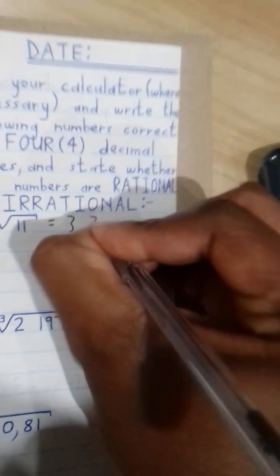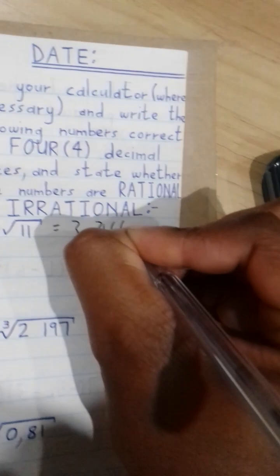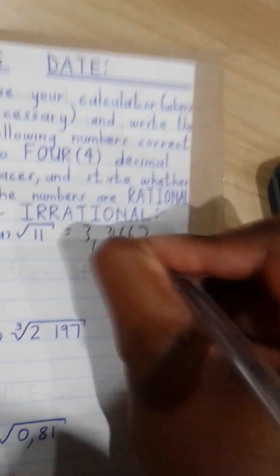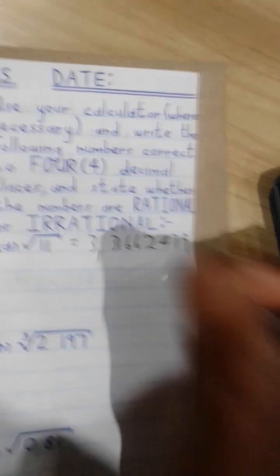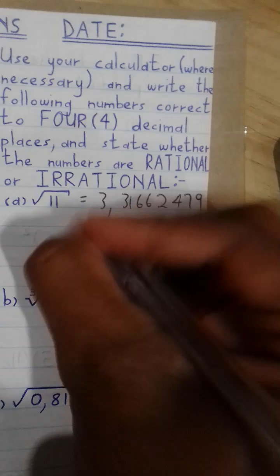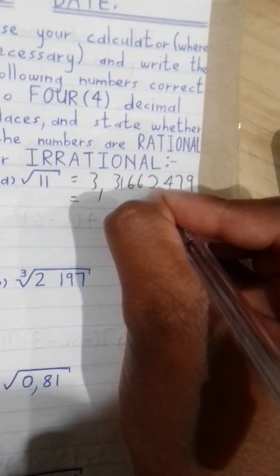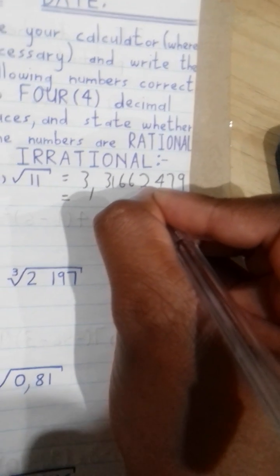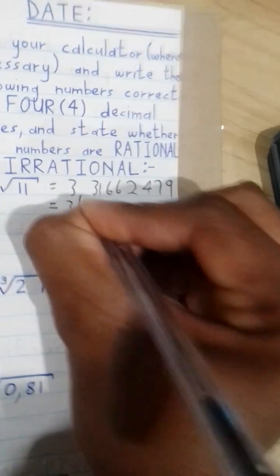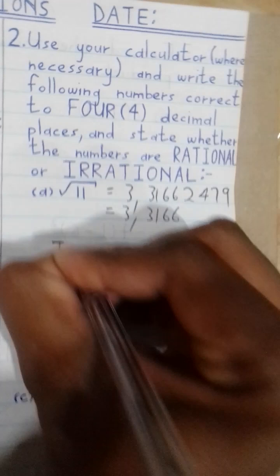So square root of 11 is 3.1662479. To 4 decimal places, look at the 1 2 3 4. Fifth digit 2 is insignificant, so it's 3.1662, and it is irrational.